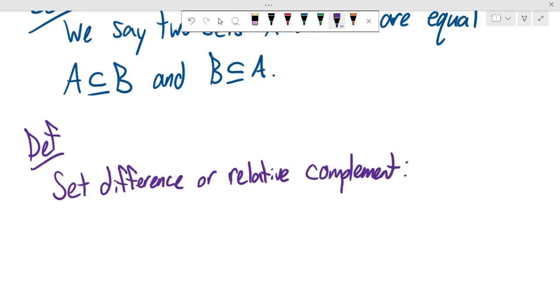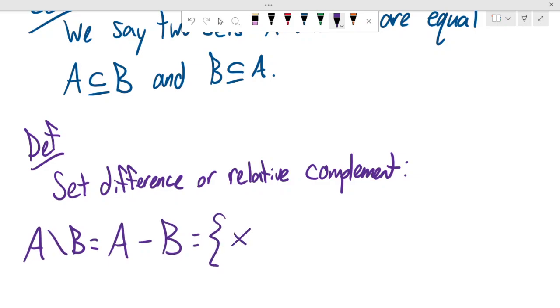Okay, but the relative complement, this is A minus B. It's sometimes written like this, or it's sometimes written like this, A backslash B. So these are the same thing. So this is equal to X in U such that X is in A and X is not in B.